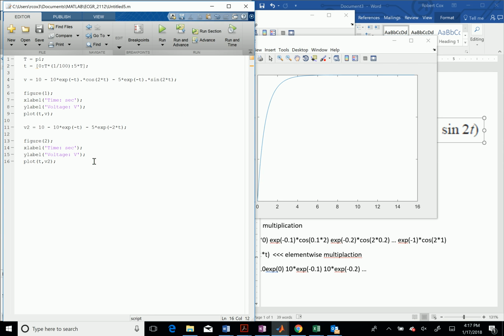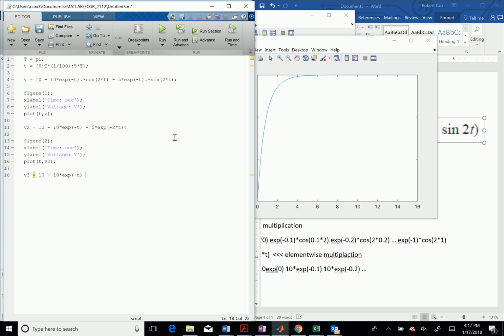Now the other thing I might want to do is, let's say I had a critically damped case. A critically damped case might look like 10 times exp minus t. In the critically damped case, I have the 2 roots of my characteristic polynomial being the same, so my answer always has a t times an exponential.